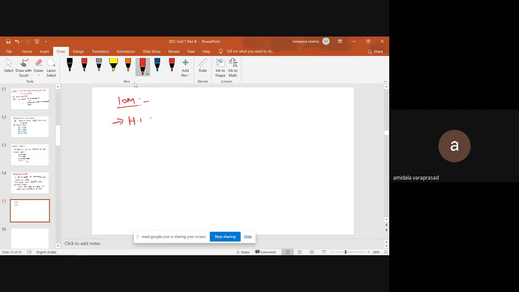For half wave rectifier, they might ask operation, EDC, IDC, efficiency, and ripple factor. They can ask anything: operation, VDC, IDC, efficiency, ripple factor.